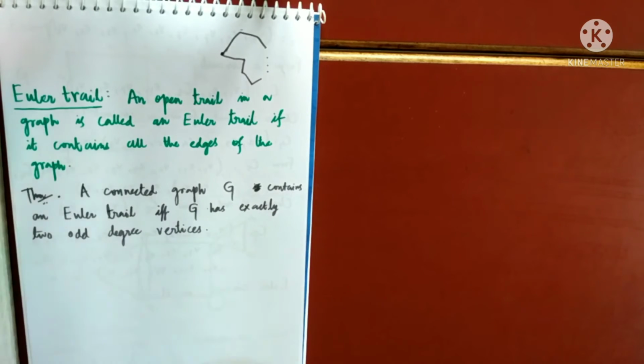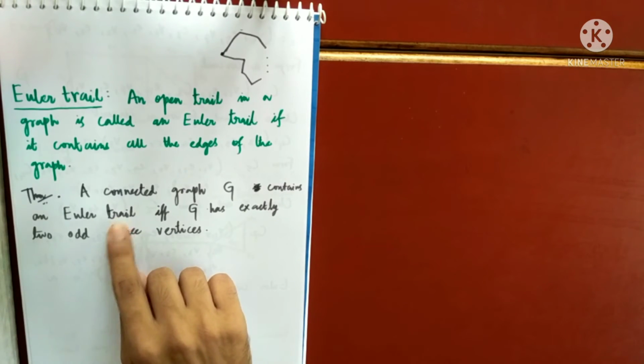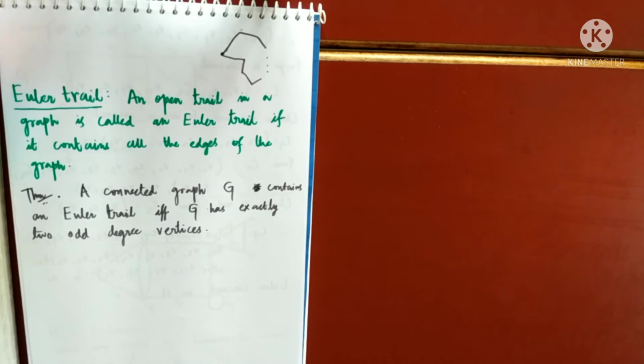To contain an Euler circuit, the degree of all the vertices must be even, and to contain an Euler trail, the degree of all the vertices must be even except two of them, which must have odd degree.